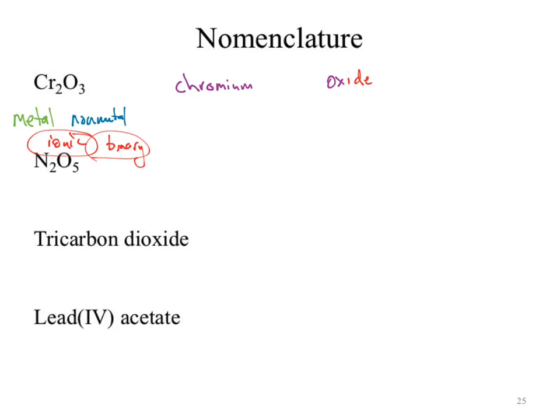When we look at the binary ionic system, the charge now needs to get added into the name. So the amounts, 2 chromiums and 3 oxygens, is a side effect, if you will, of the charge of the elements in the compound. So that charge needs to get reflected in the name.